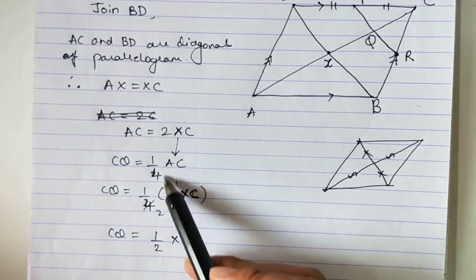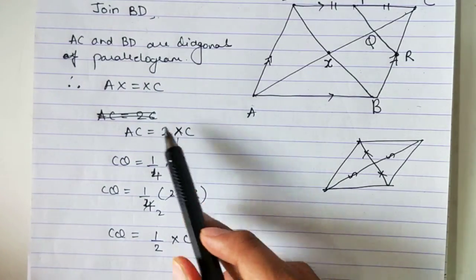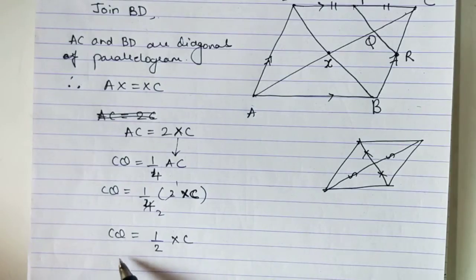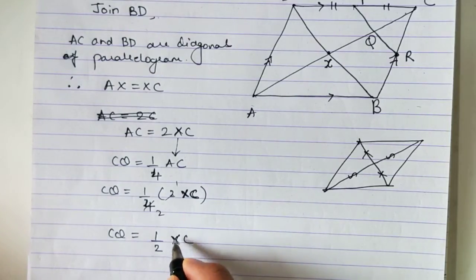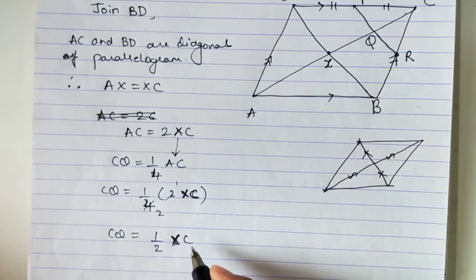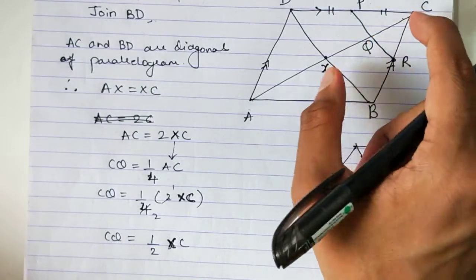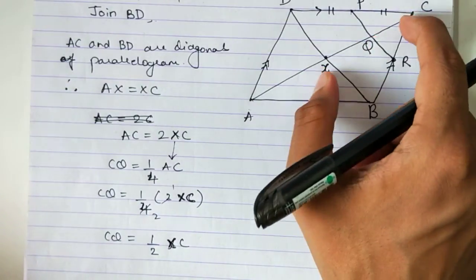Here in the place of AC, I wrote 2XC. So CQ became half of XC, means this CQ is half of XC.